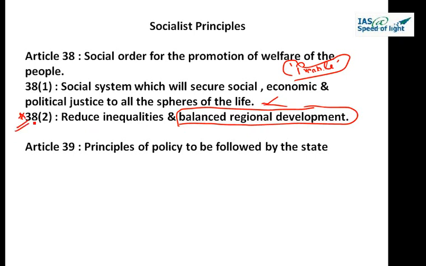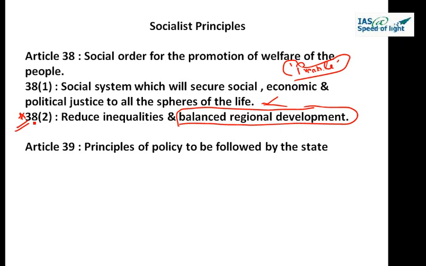Article number 39 gives certain principles of policy to be followed by the state. The state shall in particular direct its policy towards, first, that citizens, men and women equally, have the right to an adequate means of livelihood. It is important for us also to analyze how the government has strived hard to actually implement these directives into its policies and laws.